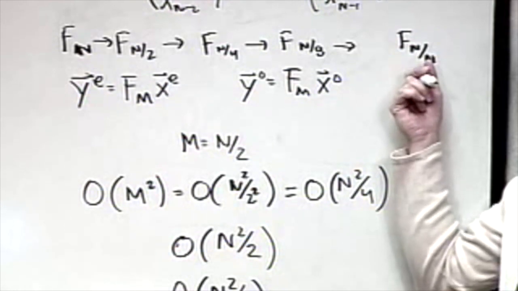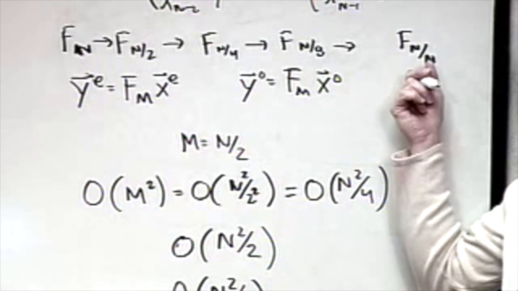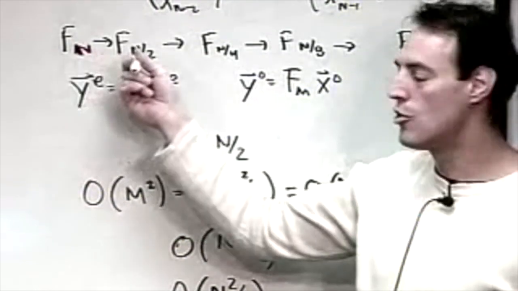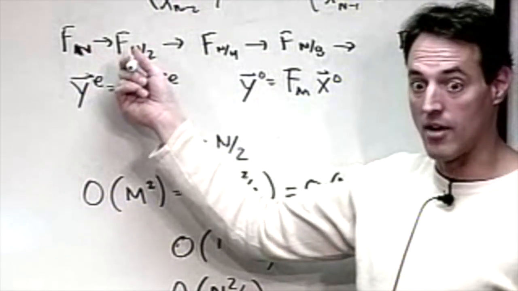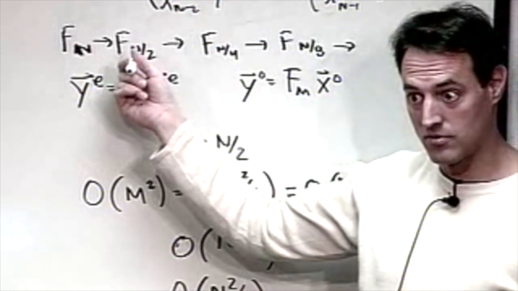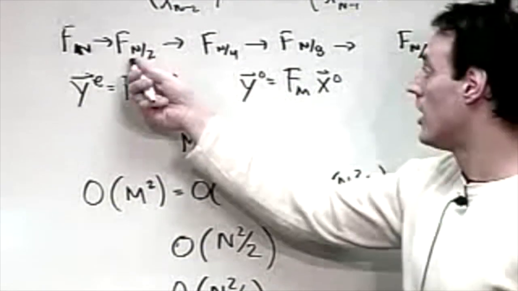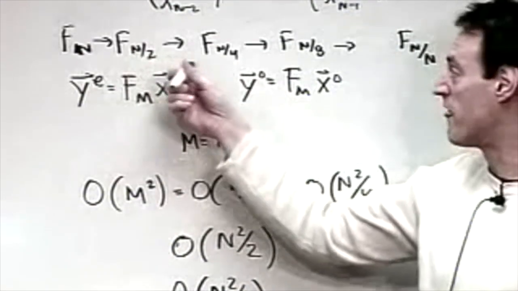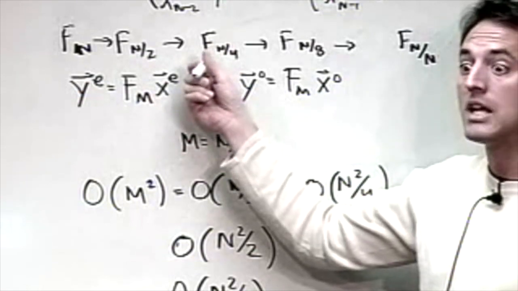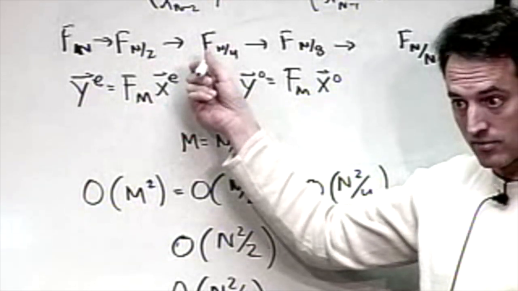One equation, one unknown. So we started off with n equations, n unknowns. We split it into two problems of n over 2 equations, n over 2 unknowns. And then we split that into 4 problems of size n over 4.